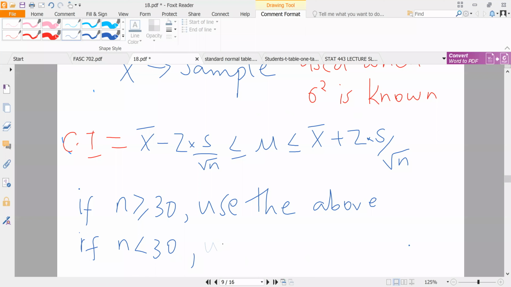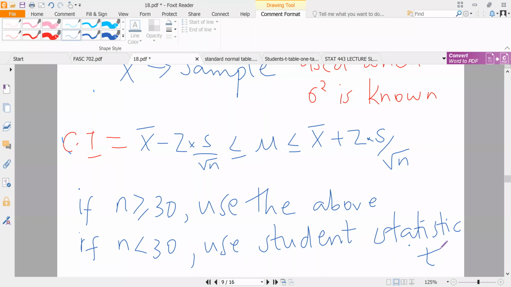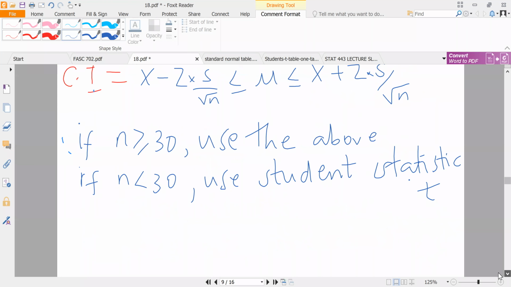then we use the student's distribution. We use the student statistic T. So in place of Z, we are going to have T at n-1 degrees of freedom.